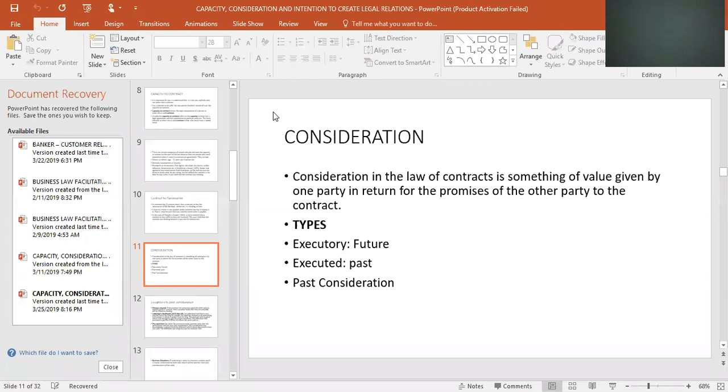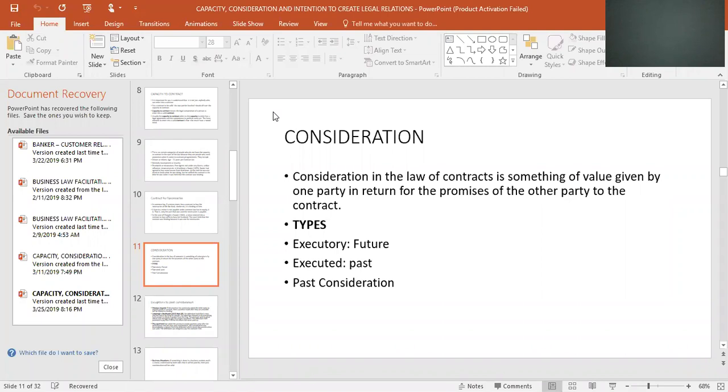And then we have what we call the executed consideration. Executed happens to be past consideration. And what we mean by past here is that, for instance, with the same scenario I gave, for Yvonne to wash my car for me, and I'll pay her 20 Ghana cedis. Let's say I told Yvonne to wash my car for me tomorrow morning, and I'll pay her 20 Ghana cedis.